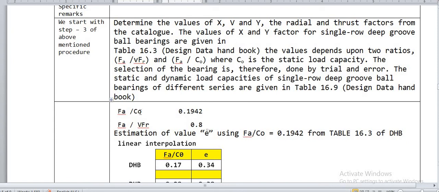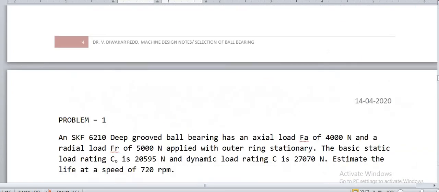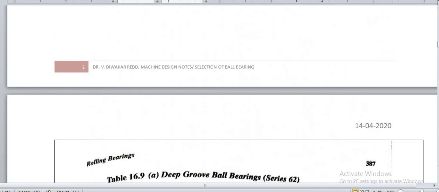Based on the given data, Fa by C0 is equal to 0.1942. I request all the students to keep a Xerox printed copy of this sheet, so that it will be easy for your understanding. And Fa by V into Fr is equal to 0.8. Earlier I explained that we need to calculate the value of e.